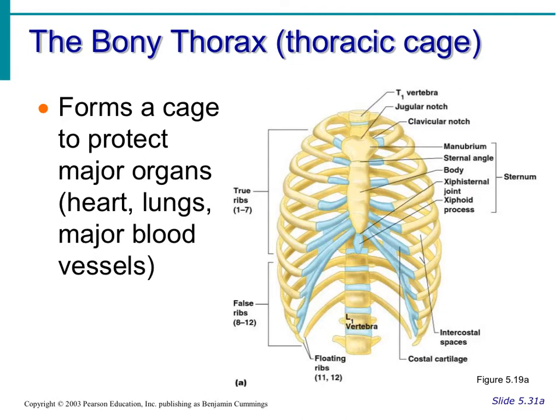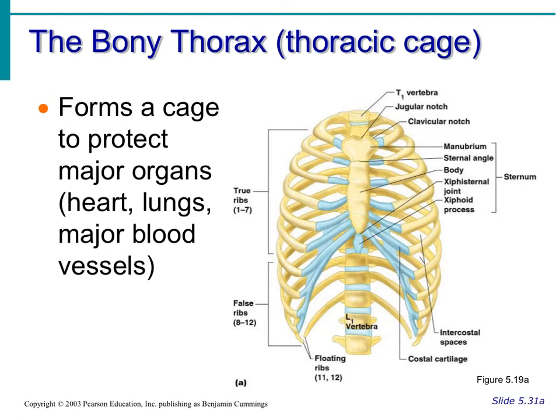Okay, so in terms of ribs, you have 12 pairs of ribs, and we'll go through that in a second. You have 7 true ribs, and they're called true because every single one of them has its own attachment to the sternum. 1, 2, 3, 4, 5, 6, 7. The 7th one attaches here.